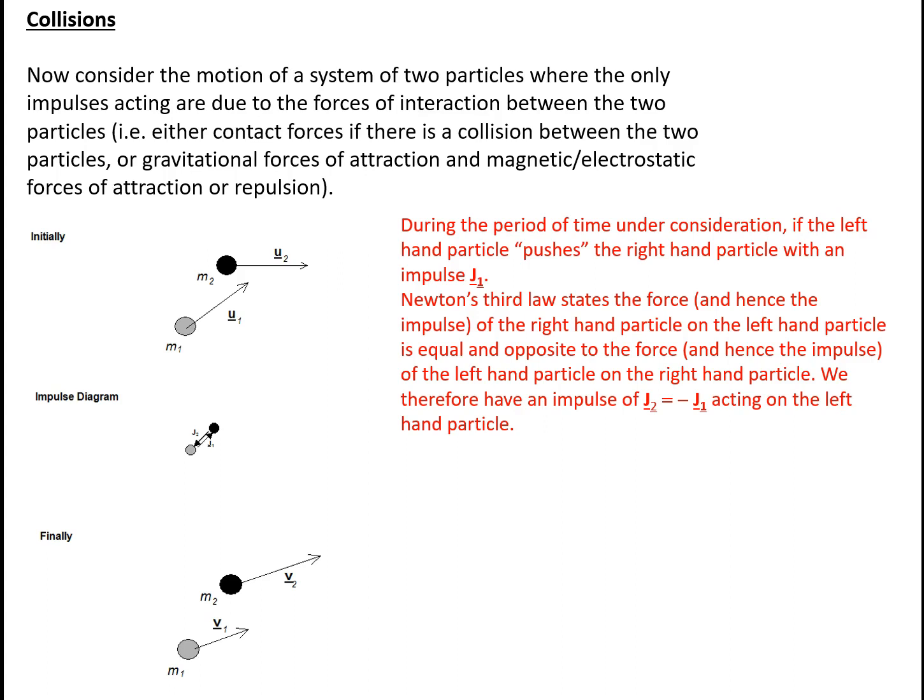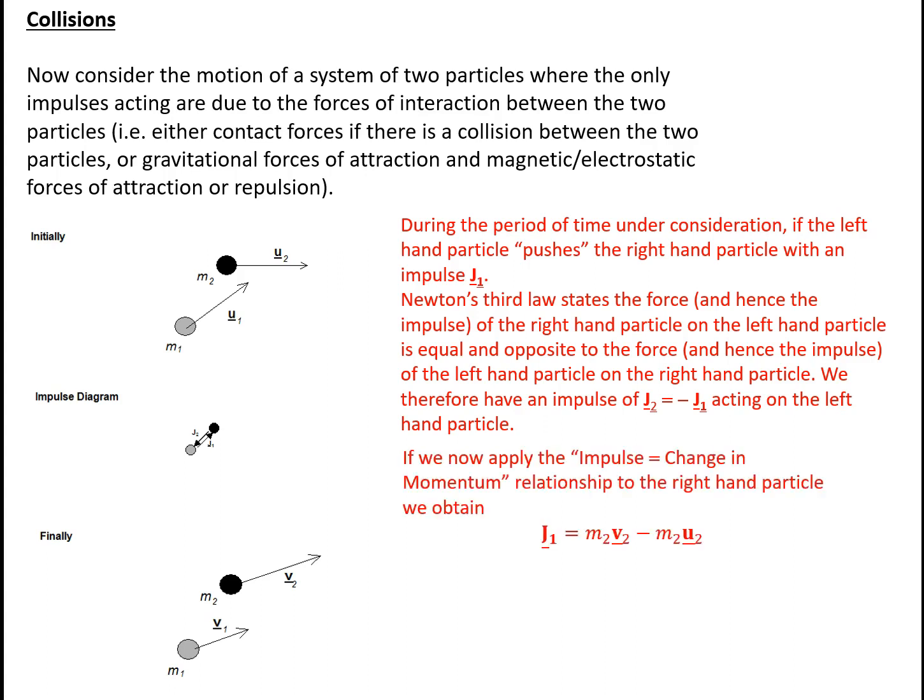So, as we've said, the left-hand particle pushes the right-hand particle with an impulse J1. Newton's third law states the force and hence the impulse of the right-hand particle on the left-hand particle is equal and opposite to the force and hence the impulse of the left-hand particle on the right-hand particle. So we've therefore got J2 must equal minus J1.